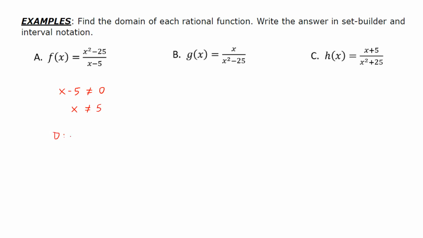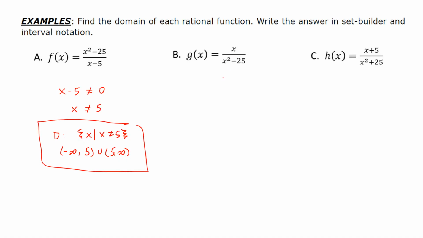So our domain will be all x values where x does not equal 5, or in interval notation, negative infinity to 5, union 5 to infinity.